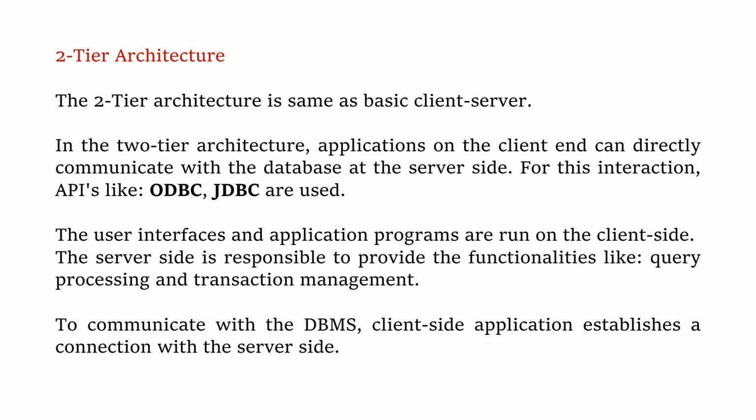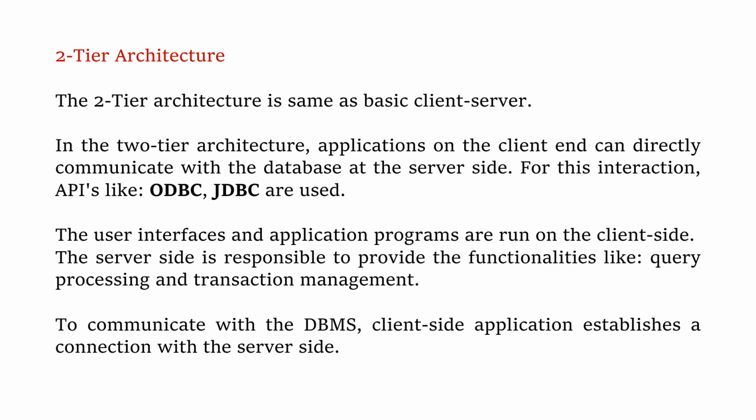And next we can move to the two-tier architecture. This is same as the basic client-server model. In this architecture, applications on the client end can directly communicate with the database at the server side. For this interaction, APIs like ODBC, JDBC are used.